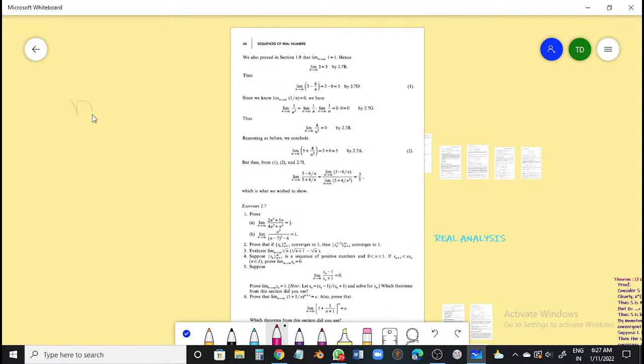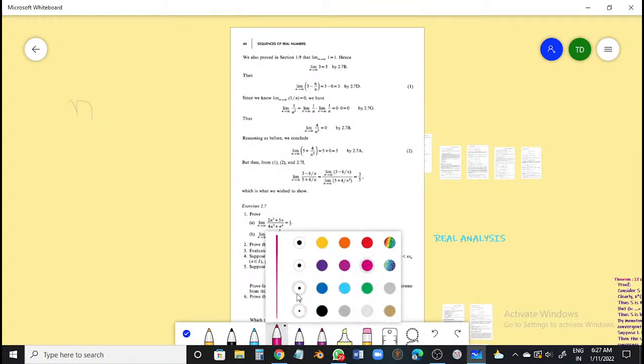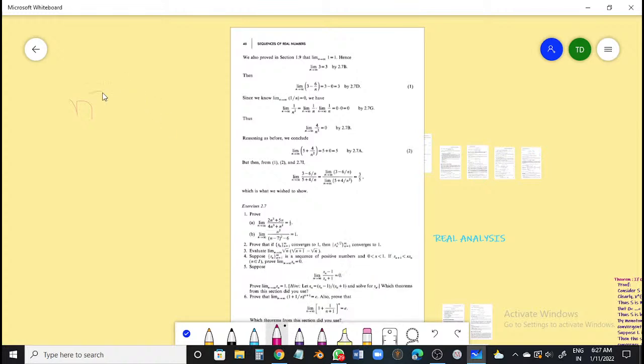N square is in the numerator, so let it stand, and in the denominator, if I take n square common, what will I be left with inside the bracket? Because the bracket is squared, if I take n out, it becomes n square, that we all know. So in this place it will remain 1, and here it will be 7 over n.